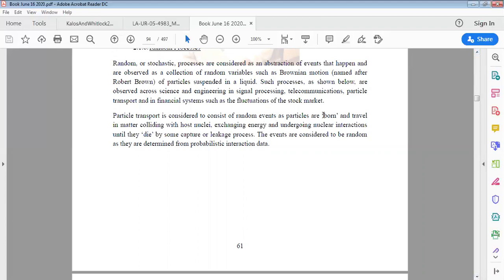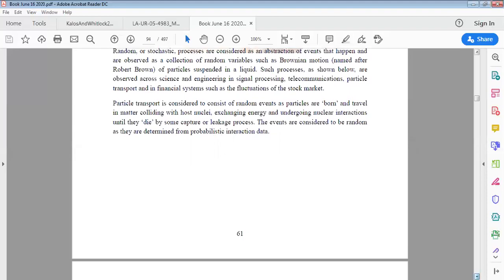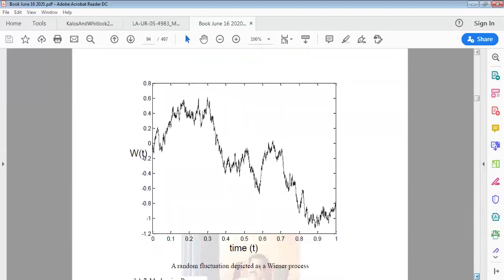As I said before, they're born as source particles, they travel in matter, they collide with host nuclei, they transfer their energy, and they undergo interactions until they die by some capture or leakage process. So they leave the place of interest or they just get absorbed. And these events are considered to be random as they're determined from probabilistic interaction data. So this is what we mean by a random process.